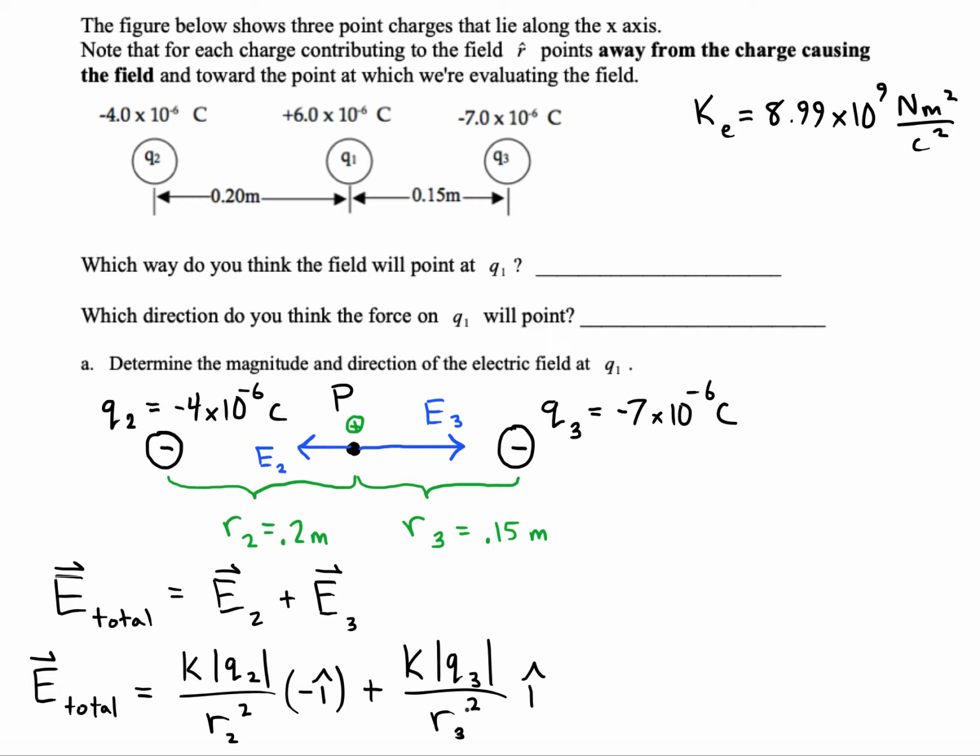So this simplifies the mathematics quite a bit. Now we just have to plug in the numbers. I'll round our Coulomb's constant to 9e9, that's common. And now we'll just plug in the size of the charge. Divide by our radius squared.